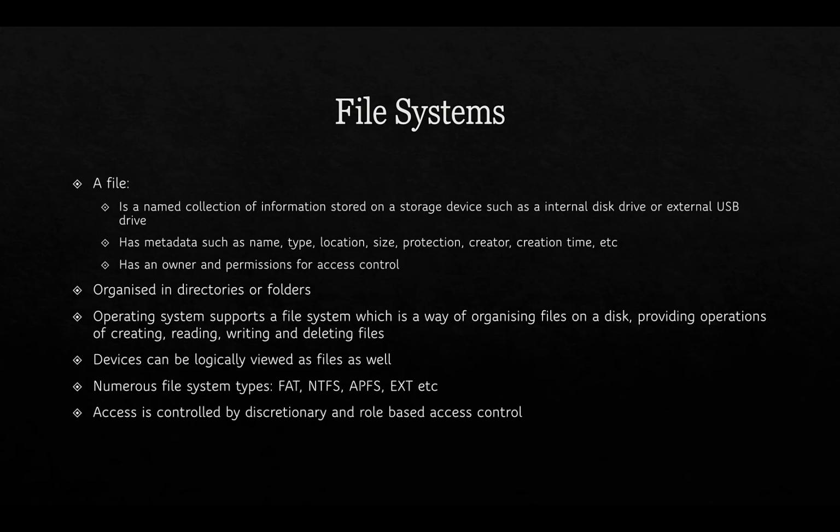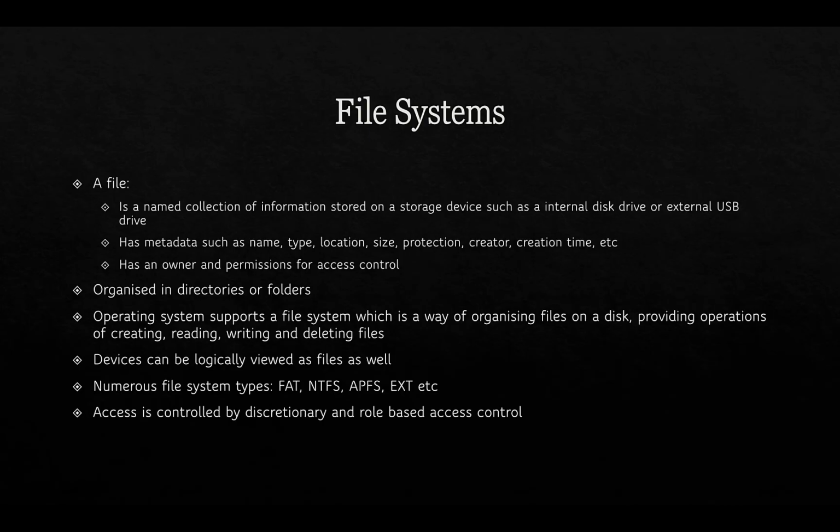So devices that provide these sort of operations can be viewed as files as well. Linux in particular basically treats all devices as files, and so when you read and write to a device, you can actually just treat it as if you were reading and writing to a file.